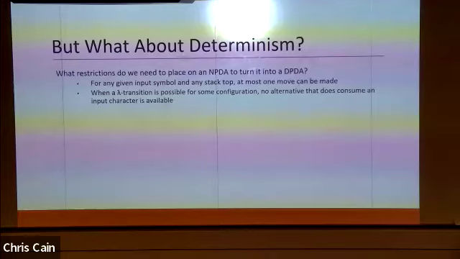You cannot have a lambda transition that does not read an input character and does not make a change to the stack. But you could do one or the other of those. You can have a legal transition that doesn't consume an input character but makes a stack operation, or one that consumes an input character and does not make a stack operation. Either of those are fine.